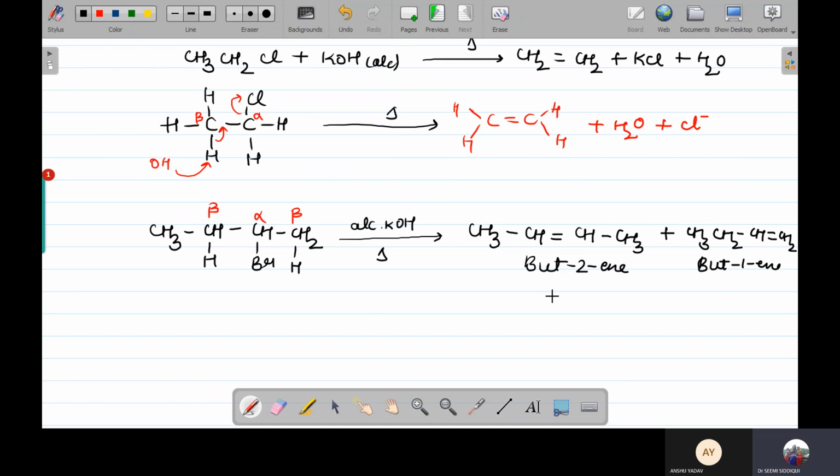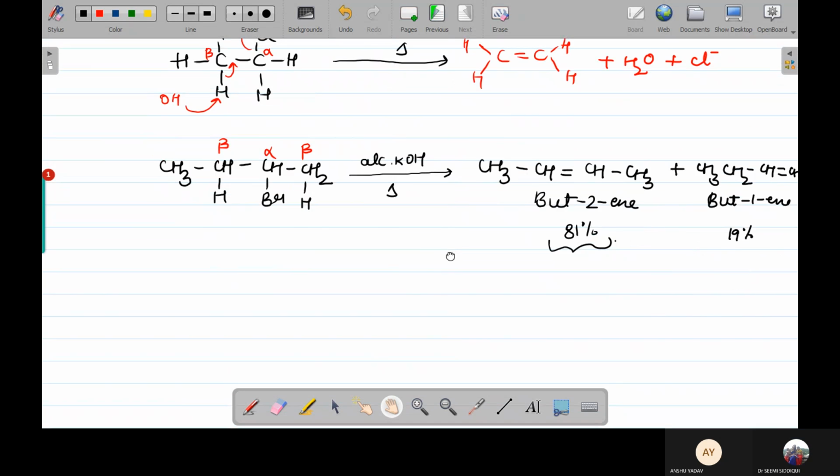So it will be 81% and this will be 19%. Because of the stability, it will be a major product and it will be a minor product.